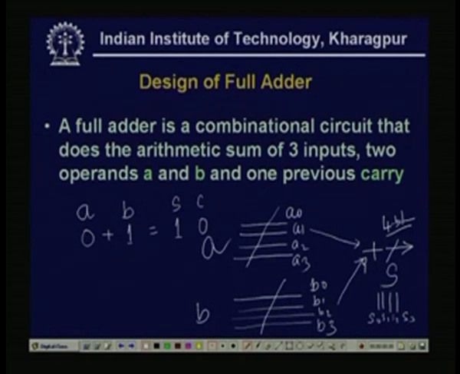Now, in this case the half adder will not be sufficient. Let us take one example. My A is 4 bits, A0, A1, A2, A3.